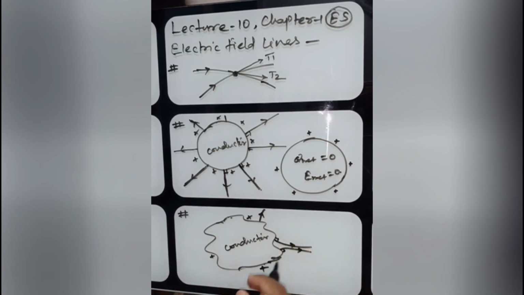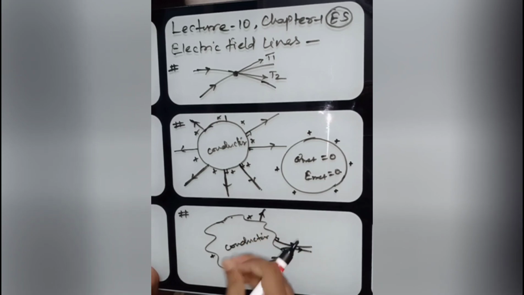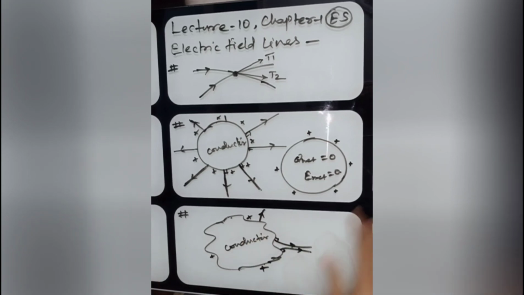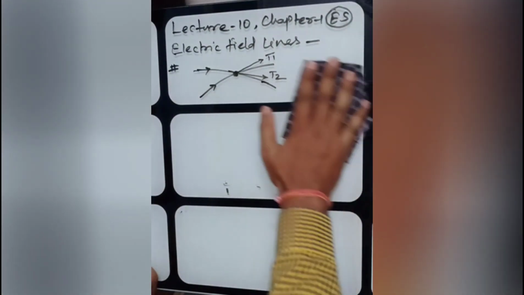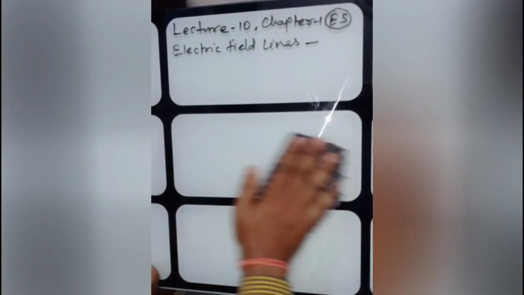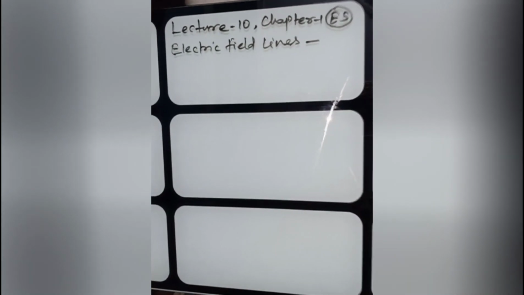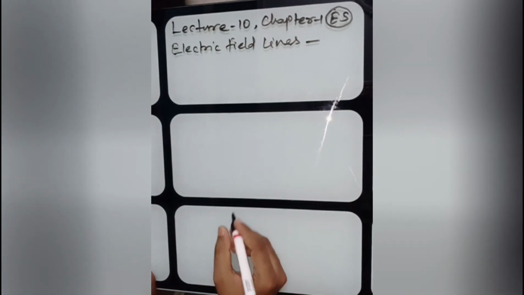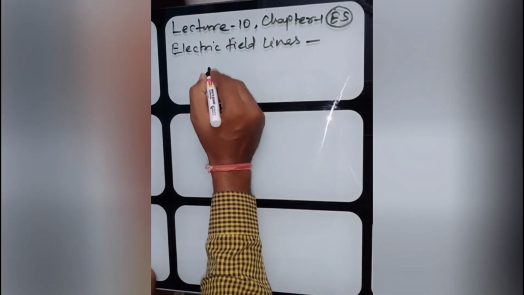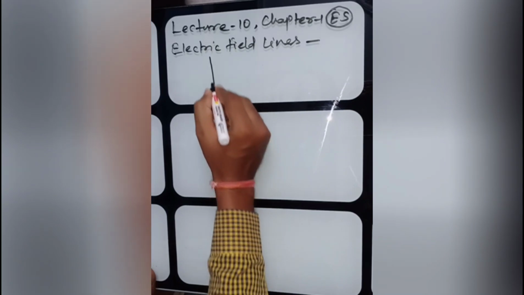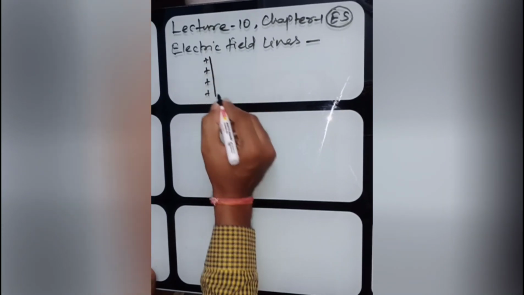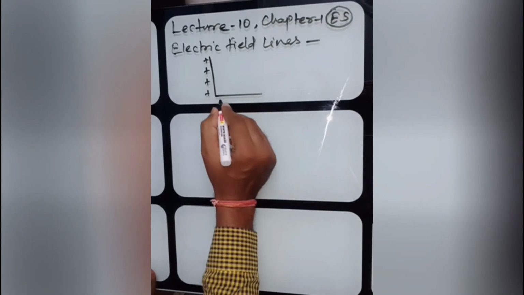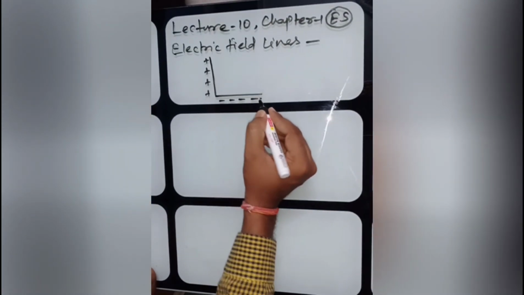Now I'm giving you a few more examples to draw the electric field lines. Students, suppose this is a charge sheet, positive, and this is a negatively charged sheet of finite length.